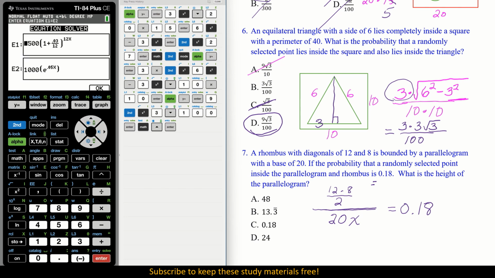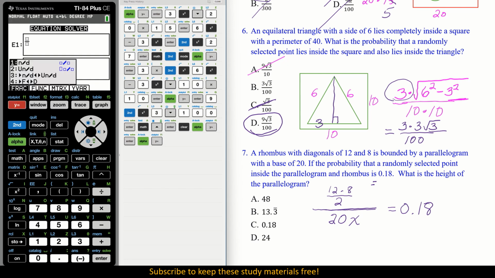Push enter. Now let's clear this out. Clear out the first box, and let's type it in exactly the way we see it. Don't make any changes at all. Alpha y equals enter. Now I'm going to have to type in another. The numerator is also a fraction. So alpha y equals.